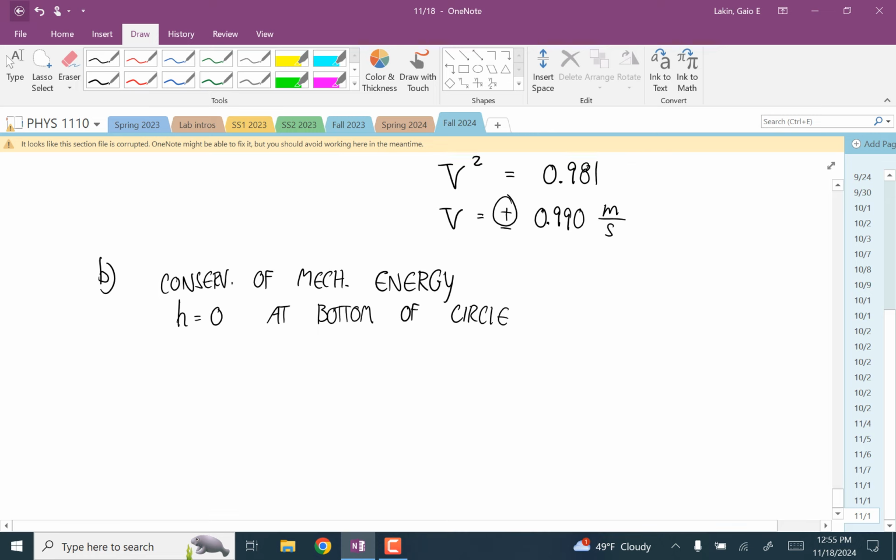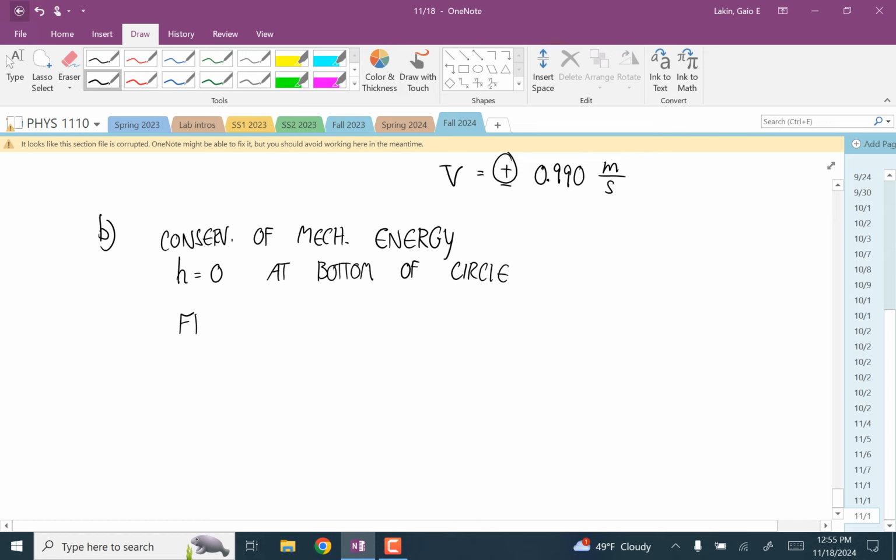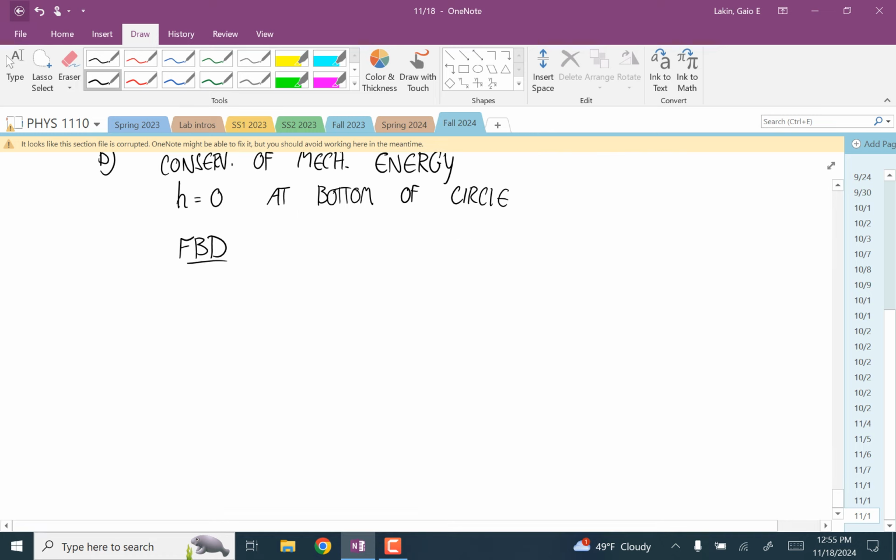So if we think of a free body diagram at just some random point around the circle, we have a weight force, and we have a cable force. This one is conservative, so that's fine. This one is non-conservative, but it does no work. So that one's fine too.